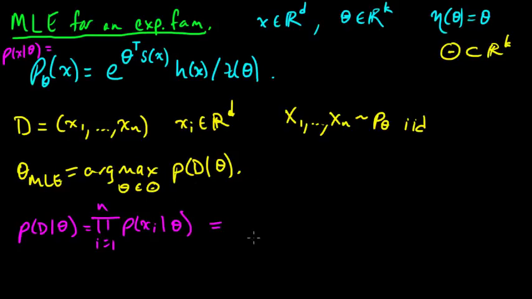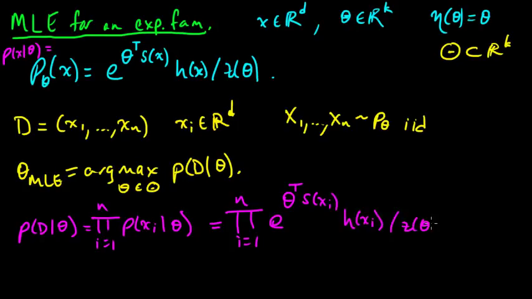Well, let's multiply a bunch together and see what happens. Let's just plug that in first: e to the theta transpose s of xi, so this is the inner product, or the dot product, if you will, times h of xi divided by z of theta.